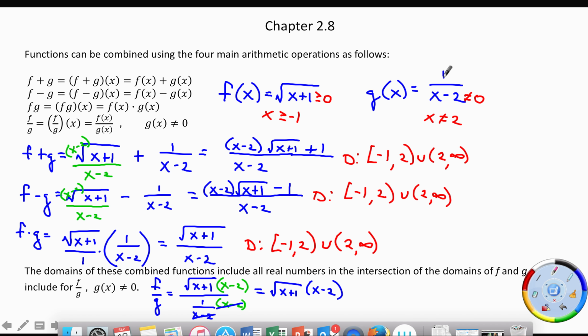And I don't have a variable in the numerator. So I cannot make g of x equal 0, but I have to be careful of that and account for it if it's possible for g of x to equal 0. But since it's not, my domain is identical to the other 3. So that's combining functions.